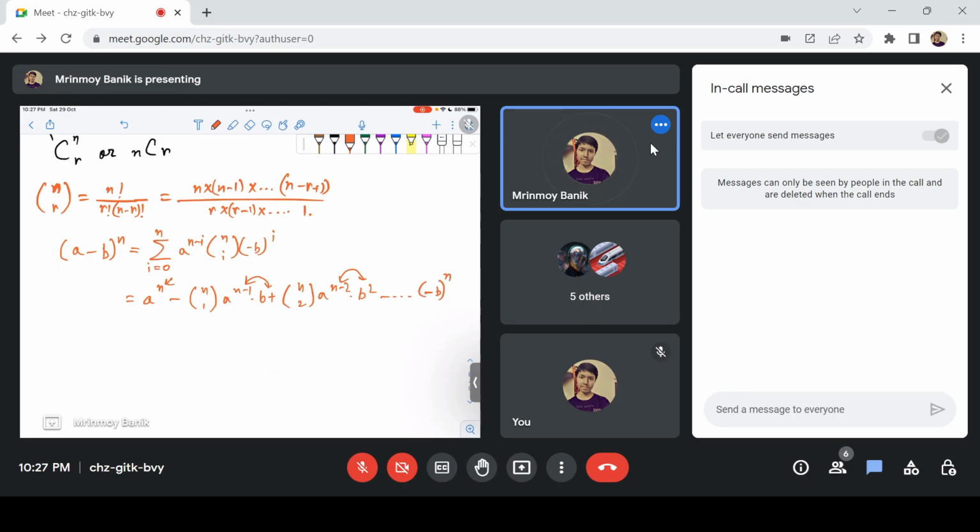So if n is an integer, then the series is a finite series. It has finitely many terms, exactly n plus 1 terms.